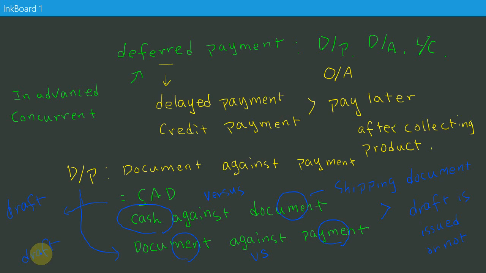Meaning that the draft is used in one and not used in the other. That is the big difference between the two methods. Then we have to see what draft means, so I will show you.